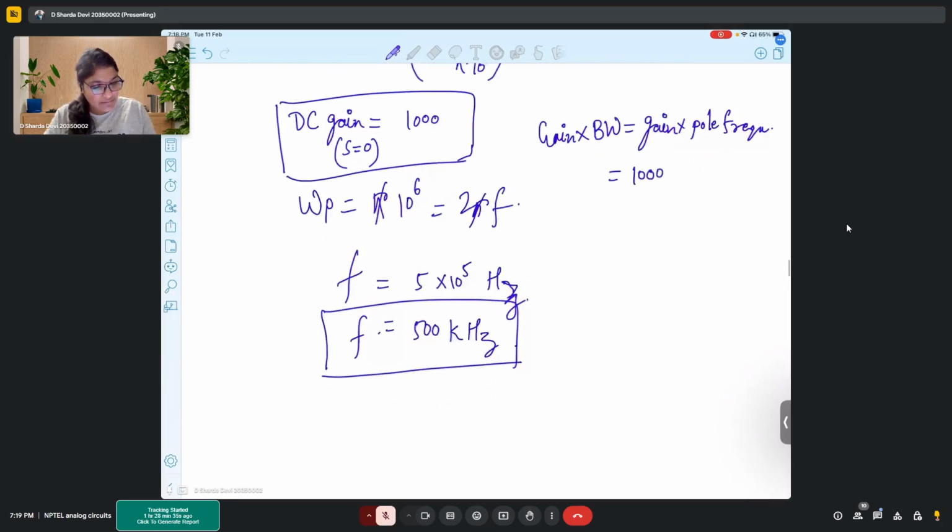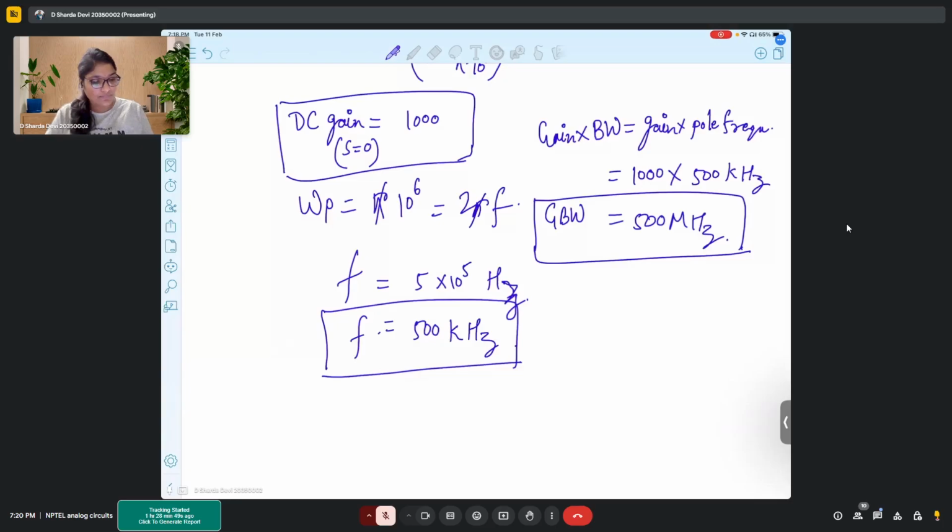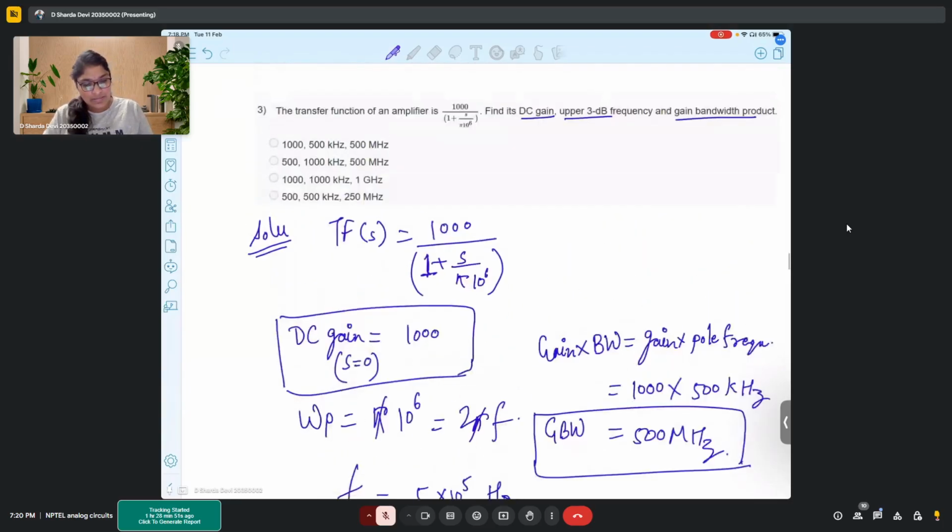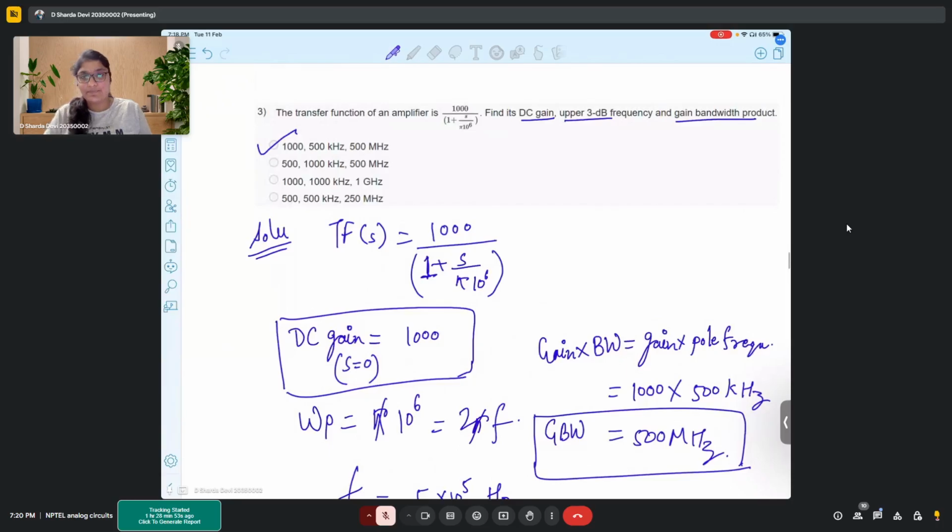So here this is 1000 into 500 kilohertz. So basically this becomes 500 megahertz. This is the gain bandwidth product. Okay. So the option A. Any doubts?